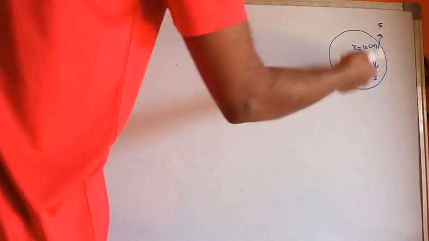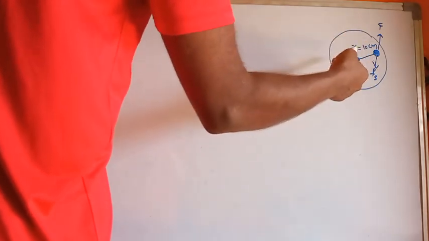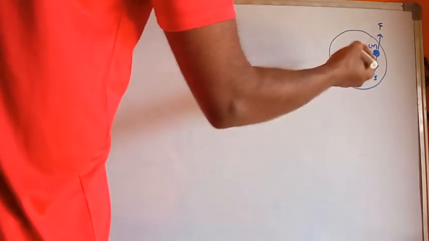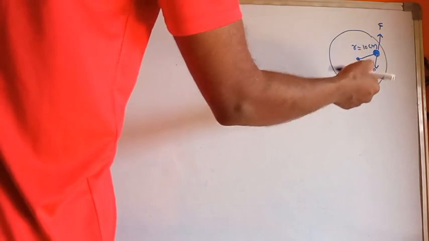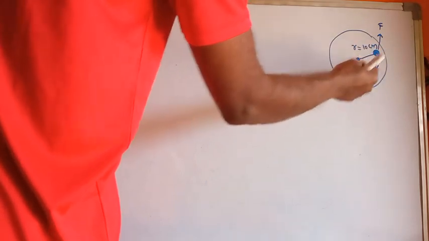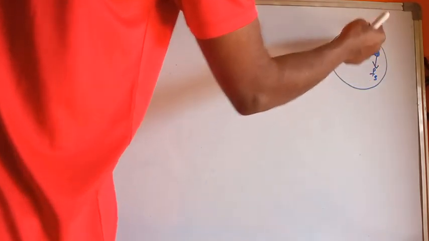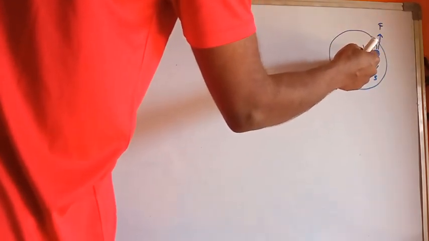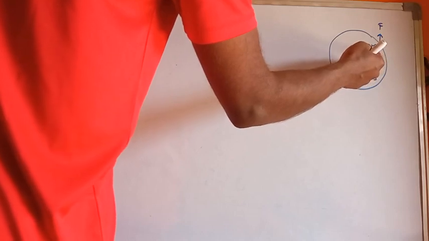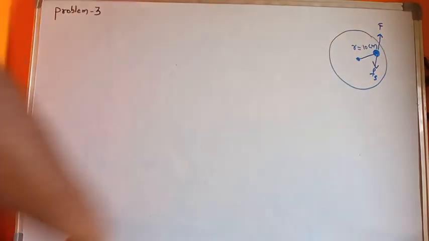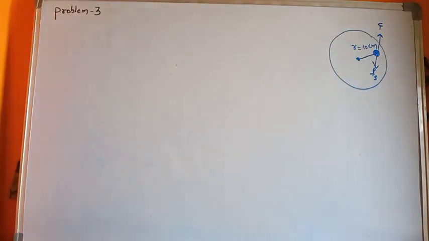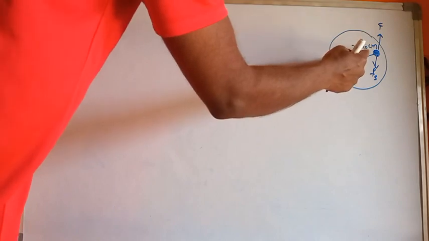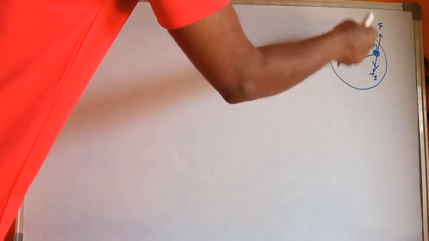But at a particular number of rotations the coin may slip out. So before it slips from the turntable, we have to find out the frequency at which this coin will begin to slip.